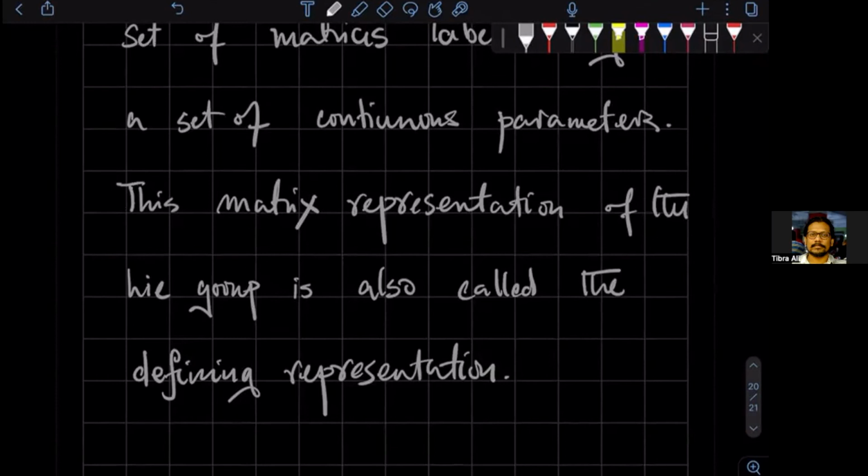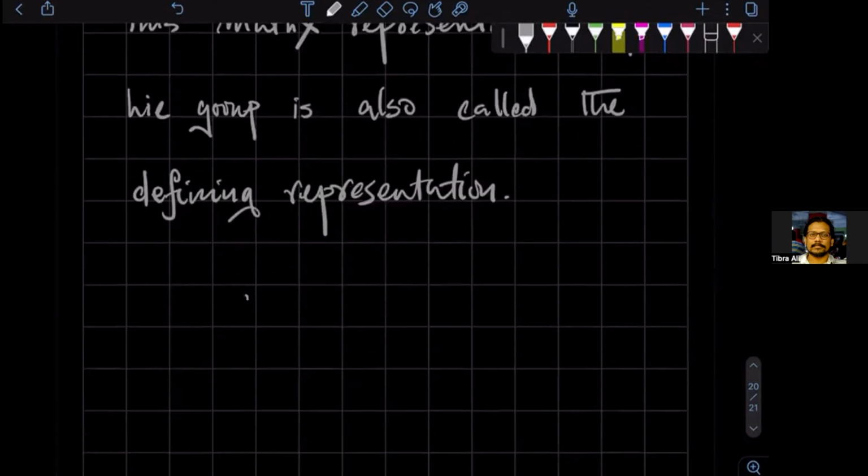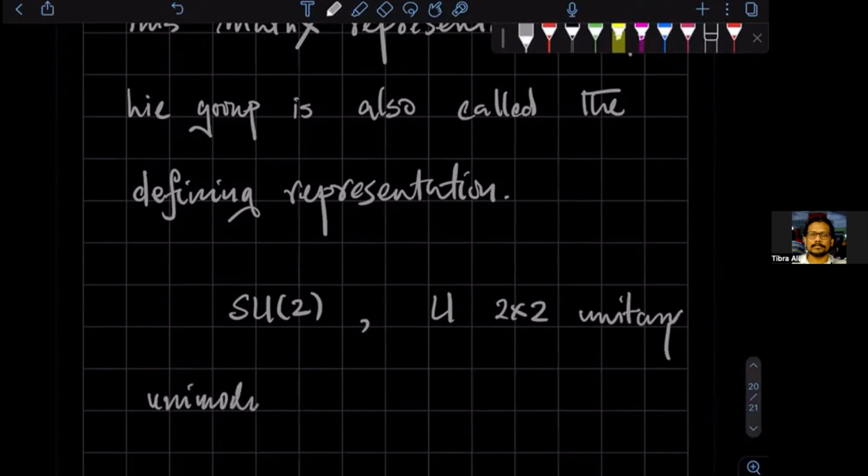So, for example, the group SU2 is defined. Its defining representation is 2 by 2 unitary and unimodular matrices.